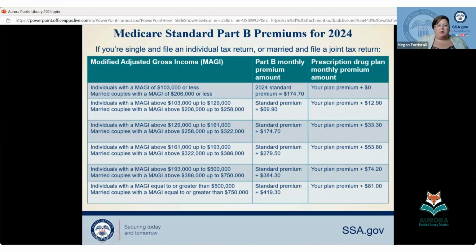The PowerPoint is available on our website, and it will be in the letter if this is your situation. Again, anything from the government, please open carefully. This letter will tell you if you have what we call IRMAA, or income related monthly adjustment.